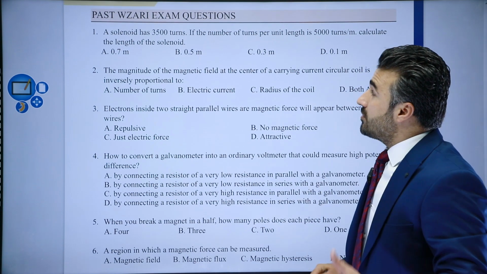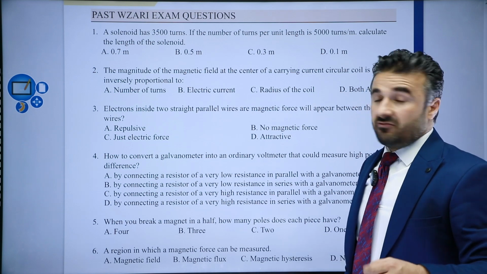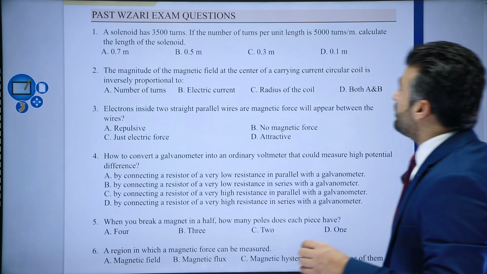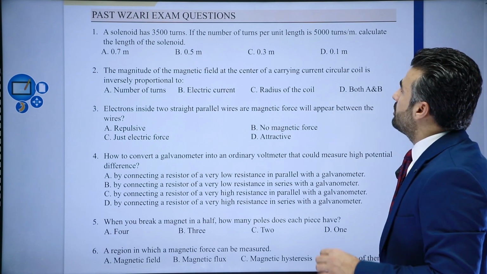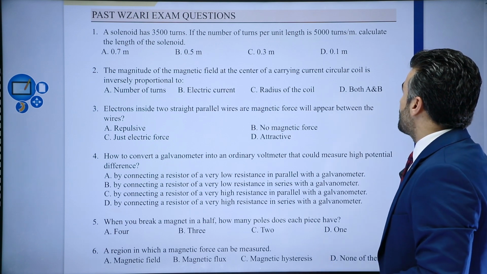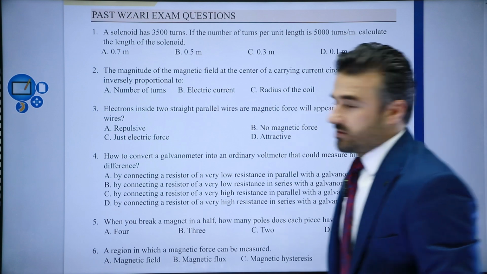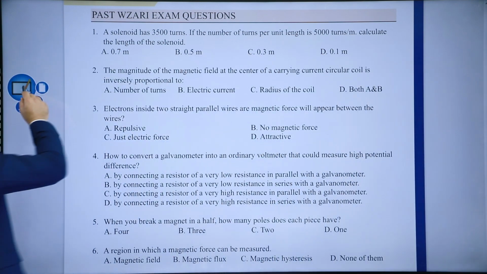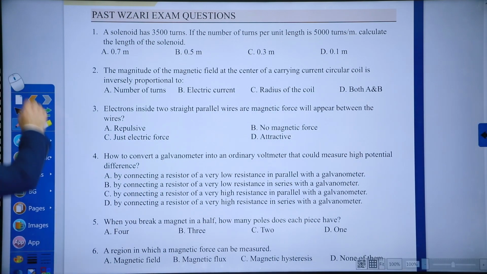It says the solenoid has 3,500 turns. If the number of turns per unit length is 5,000 turns per meter, calculate the length of the solenoid. This is easy enough. I'll just write the equation, you do the math for yourself.